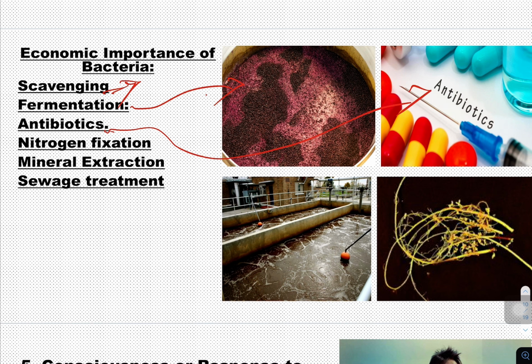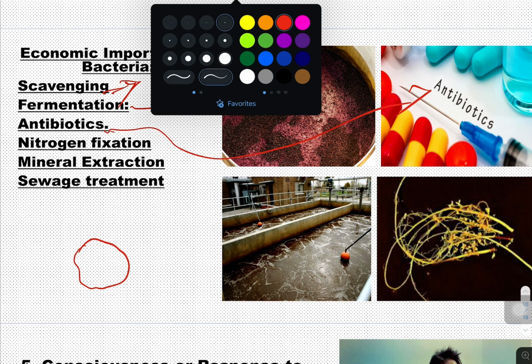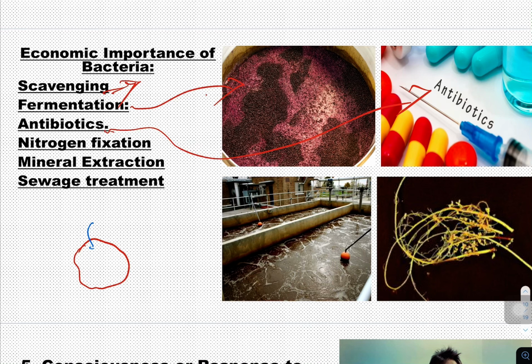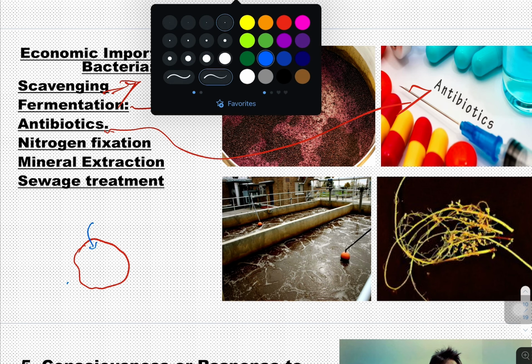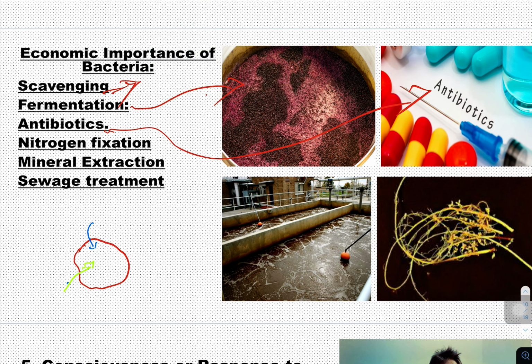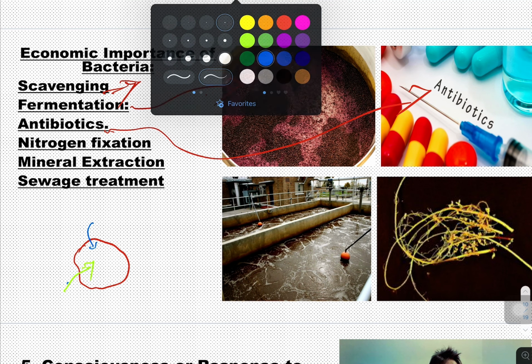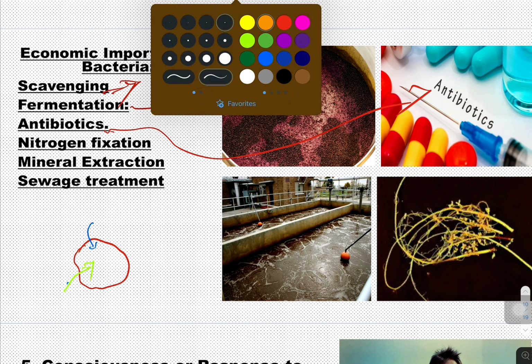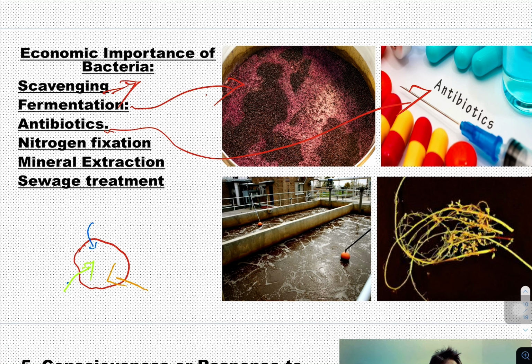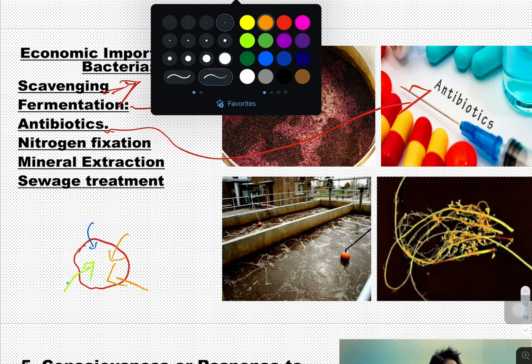One thing we need to consider here is that whenever a dead organism falls on the ground, immediately it will be attacked by various groups of microorganisms. Bacteria may attack, viruses may attack, fungi may attack, or any other group of organisms may attack.